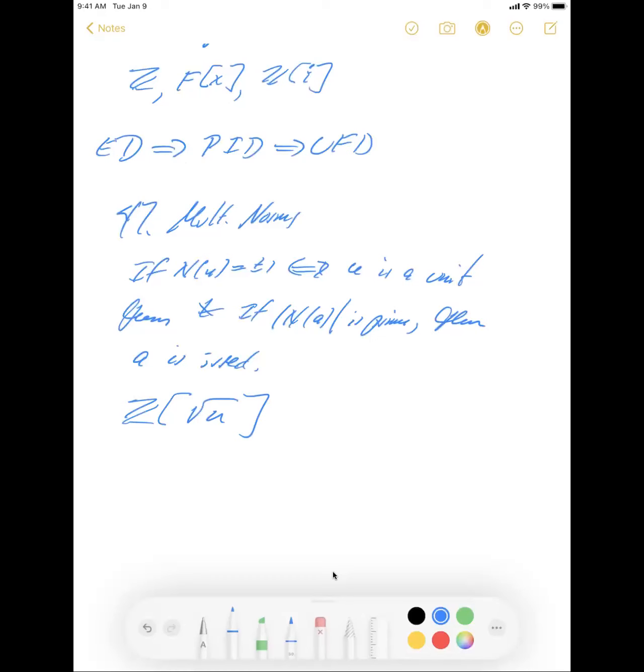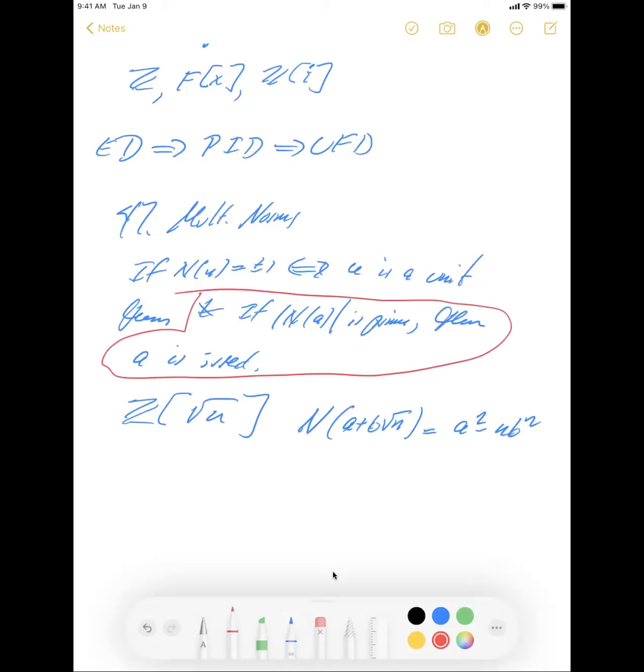The multiplicative norm is a squared minus n b squared. And what do we know? As long as n is not equal to 1 and is square free, then it has this property up above. And so that allows you to detect irreducibles.